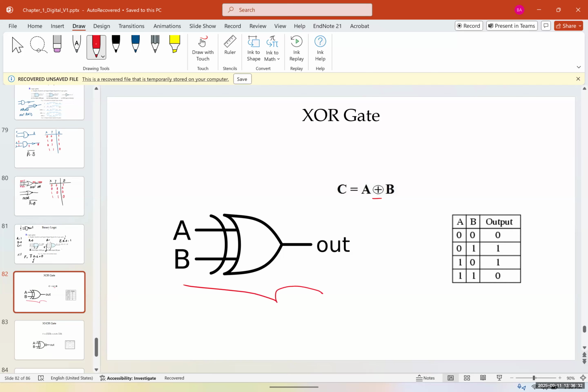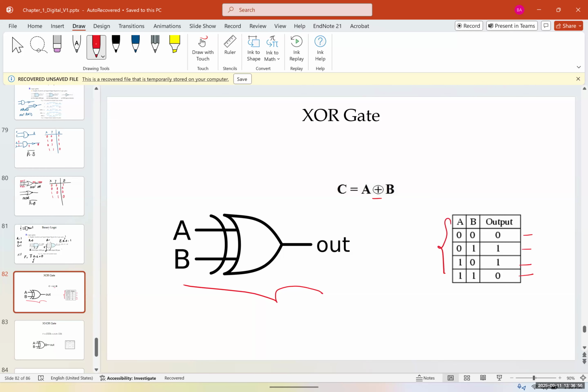It's an OR gate, and we have like a parenthesis in the input. For an XOR gate, if A and B are 0, the output would be 0. If A is 0, B is 1, the output would be 1. If A is 1 and B is 0, the output would be 1. And if A and B are 1, the output would be 0.